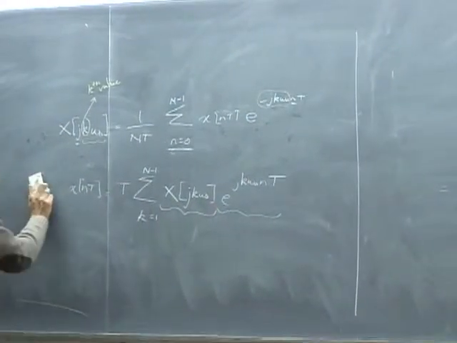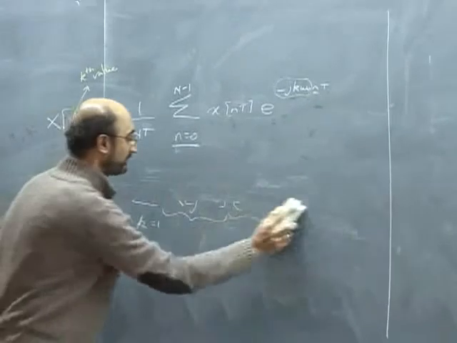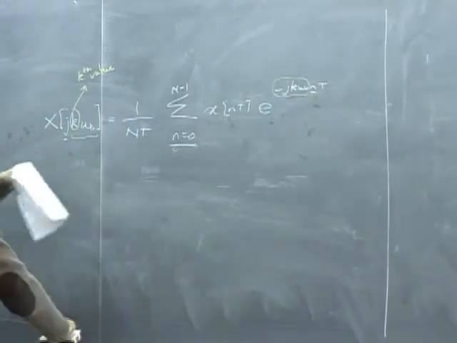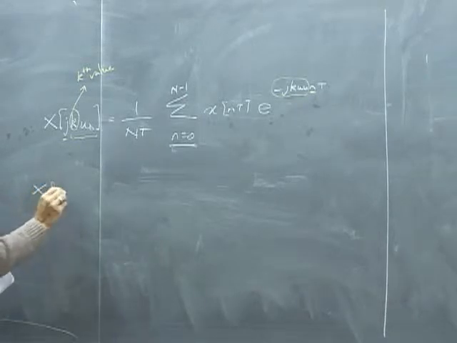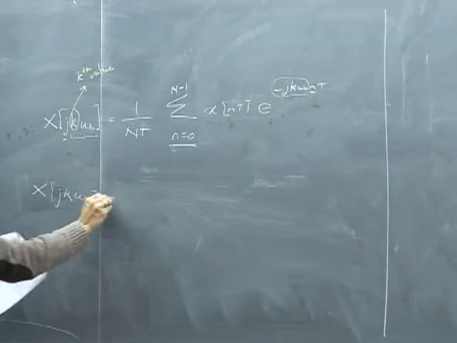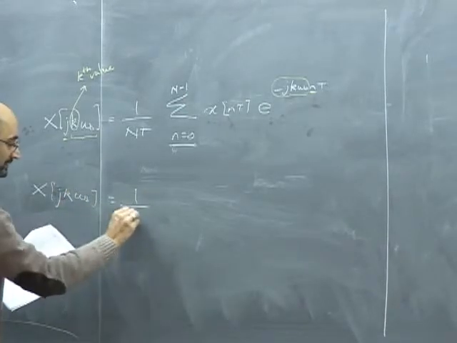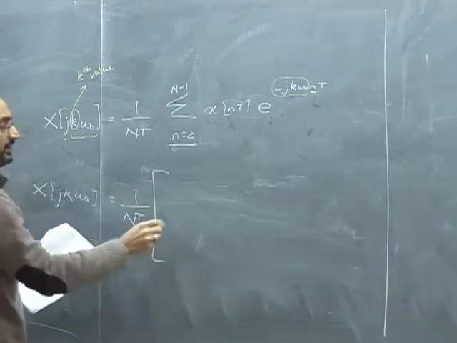And the way to simplify it is, let me forget about the inverse right now. I'm just going to expand this term. So we want X(k omega naught), the kth term, is going to be given by 1 over NT, right? So what's that going to be?